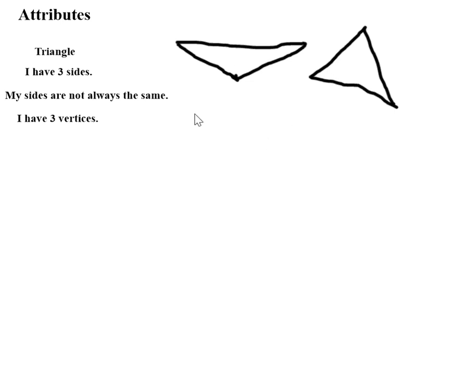Let's see if it meets the criteria that we have for our attributes here. Does it have three sides? Let's count. One, two, three. Yes. They don't all have to be the same, but they can be. Do they have three vertices? One, two, three. Yes. So that is a triangle.